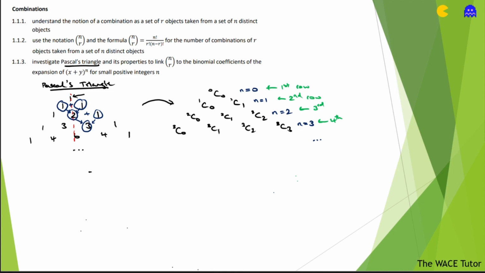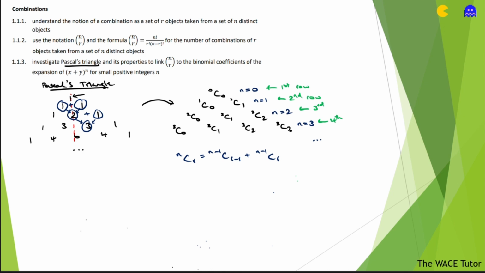Okay, now I pointed out two distinct properties. The first property I pointed out was that each entry was equal to the sum of the entries directly above it. If I write this in combination notation, that's this. n choose r equals n minus 1 choose r minus 1 plus n minus 1 choose r.